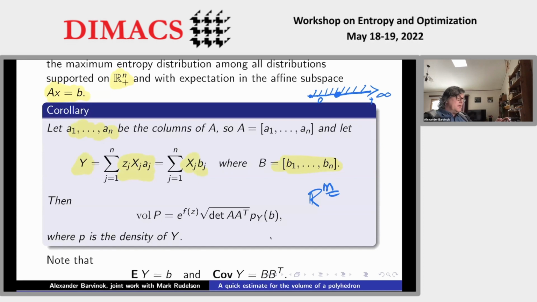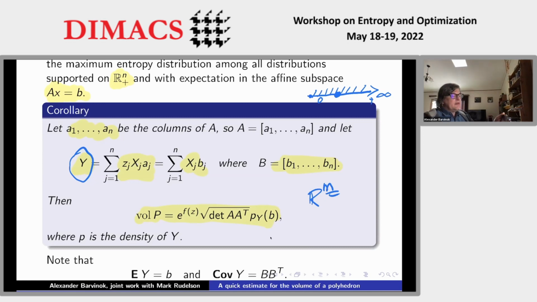And then the volume, by the standard change of coordinates computation, is expressed entirely in terms of the density of this random variable. This random variable, once again, is a linear combination of independent exponentials.